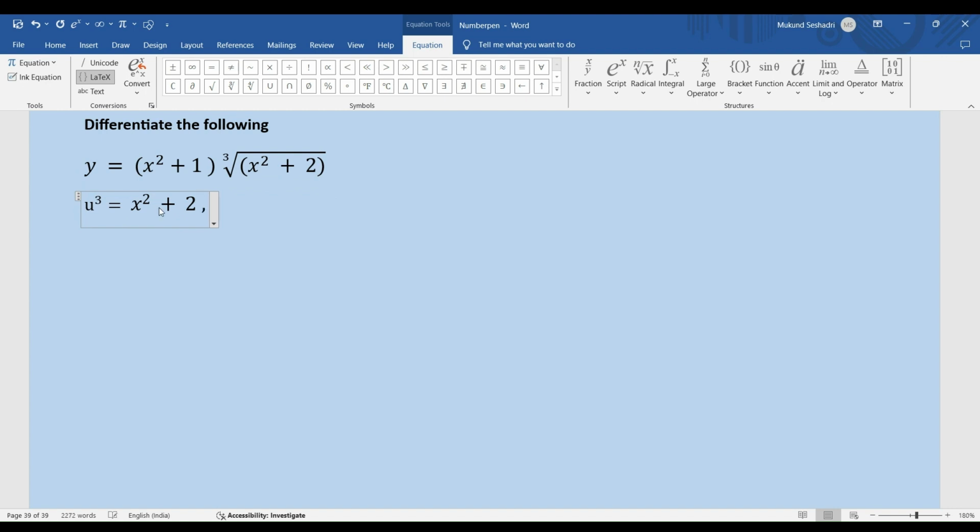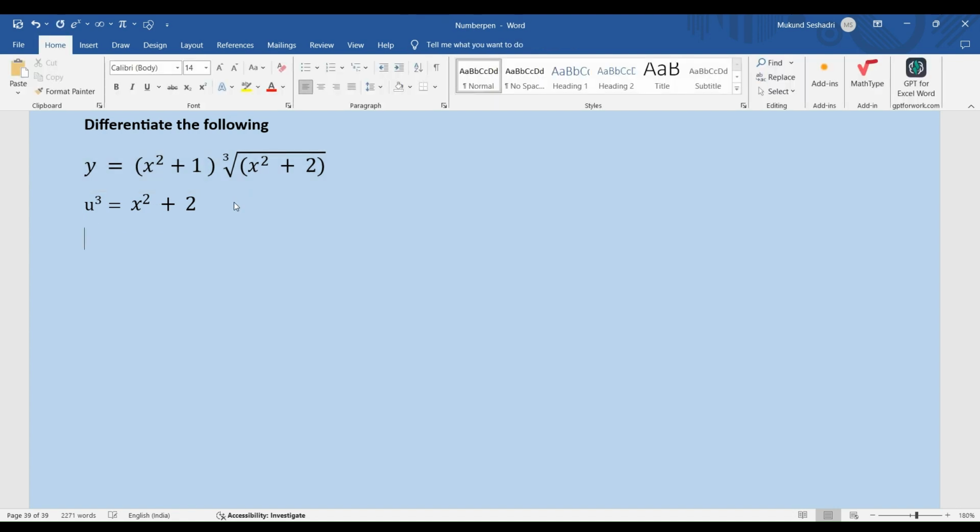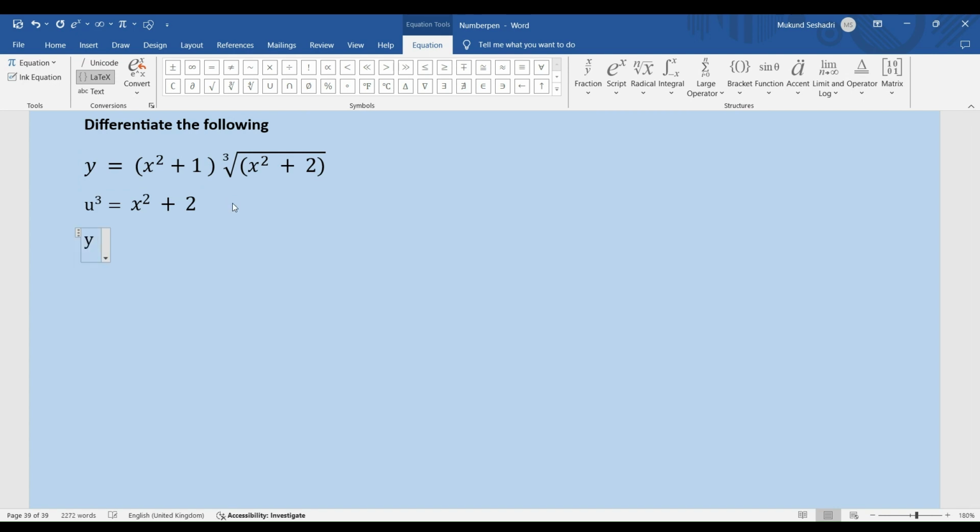And so what happens to my y? Can I express my y in terms of u now and make it a lot simpler than what it looked like originally? The answer is yes. If x square plus 2 equals u cube, what is my x square plus 1?